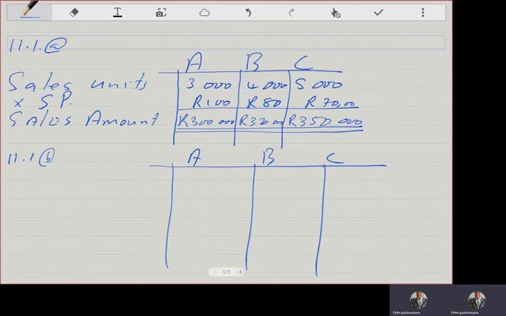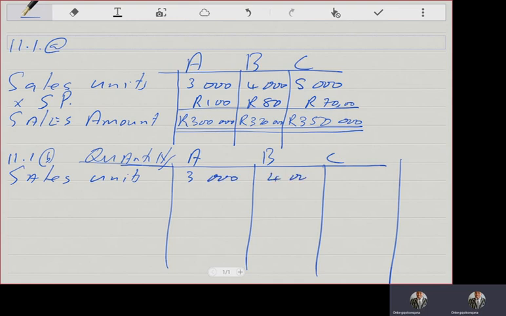Remember, we said that whatever you record in this budget must be the quantity. So again, I will start with the sales units: 3,000, 4,000, and 5,000. We want to check what must be our production in order to meet this sales target.